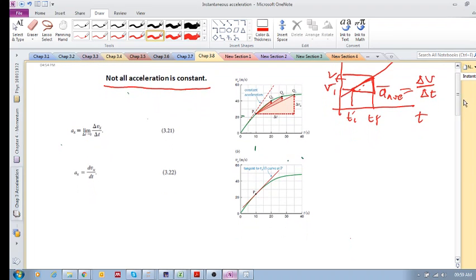Now, what happens if you've got a velocity curve that looks like this? It's not a straight line, and there is no constant slope as I move along the curve. So if I want to find out what is my acceleration at this point, if we use this approach, we say have a specific time span.